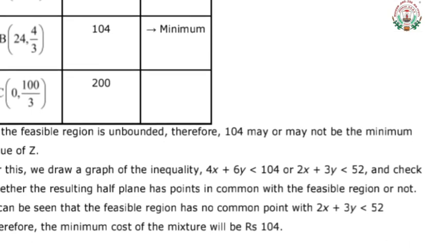Our objective function was z equals 4x plus 6y. So 4x plus 6y is less than 104. In standard form, this becomes 2x plus 3y less than 52.